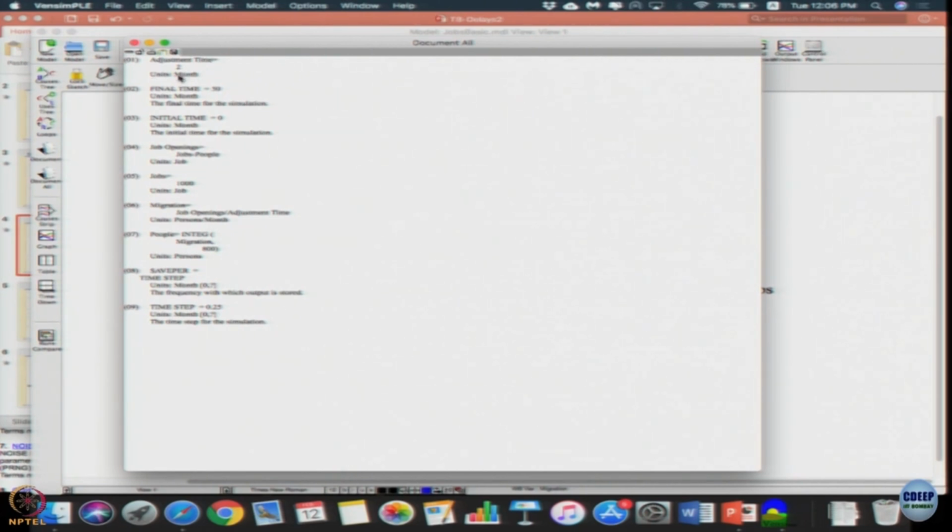It shows the variable adjustment time too, with its units, the final time, the initial time, the time units, then the equations: job openings, jobs, migration, people. How can you figure out which is the stock from this? Whichever one has the INTEG function is the stock, and whatever is being integrated must be the flow. So that's how you find it.